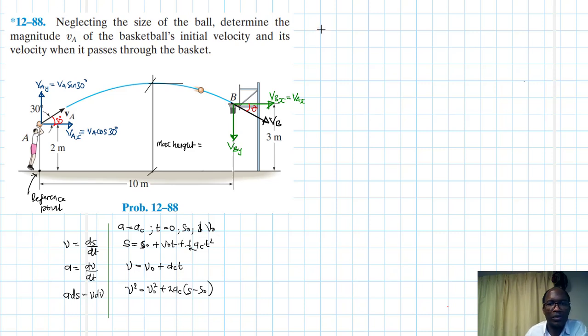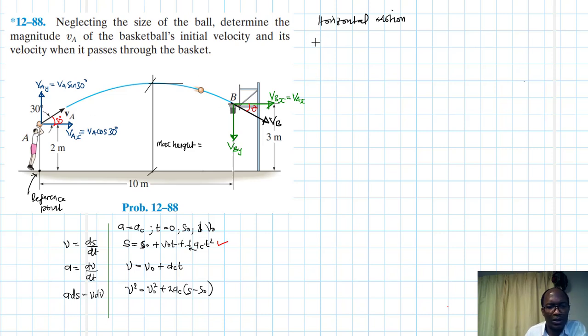With this, let's start with the horizontal motion. Like we said, in the horizontal motion we're not experiencing any acceleration, and we're going to use this equation. For now, we'll have two equations that we will solve simultaneously to find VA.